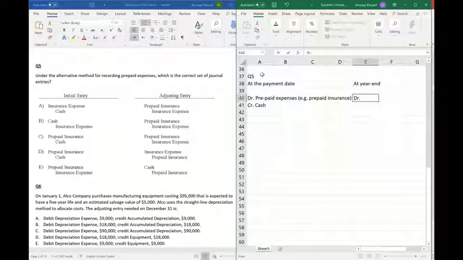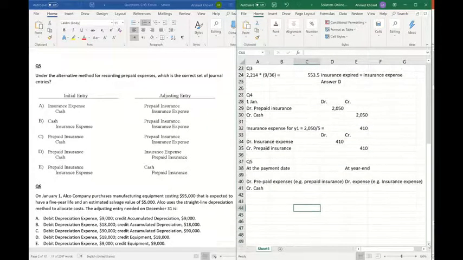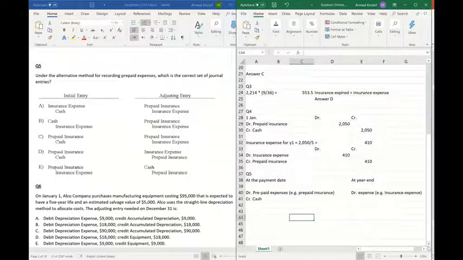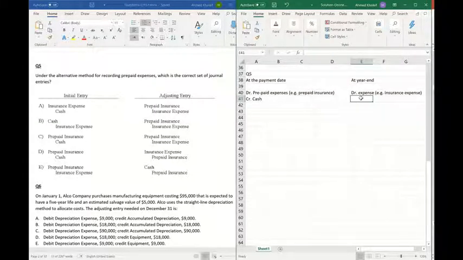So we'll have the expense, which is for example insurance expense, and the credit side is the prepaid insurance or prepaid expense.